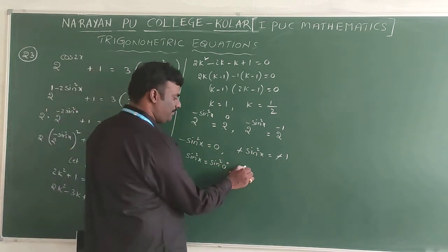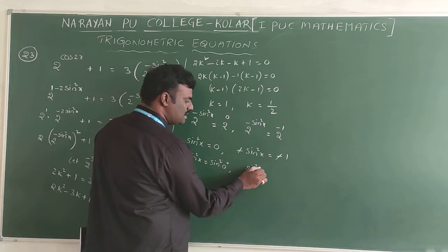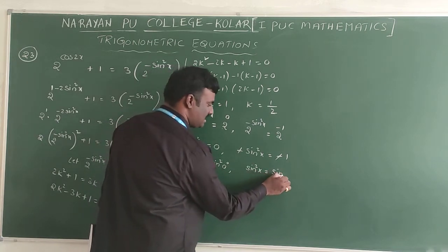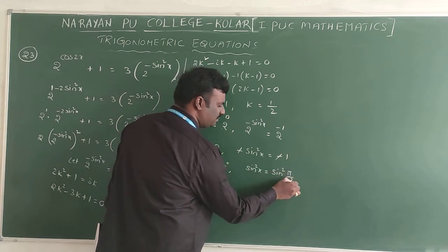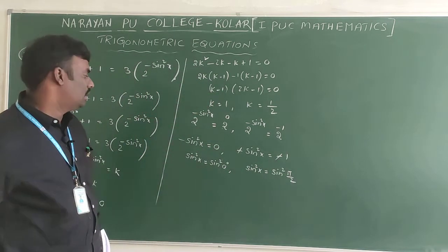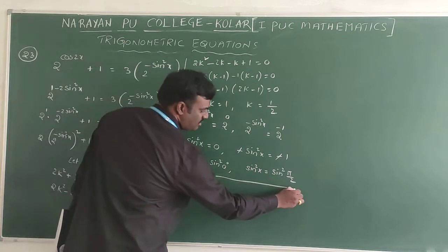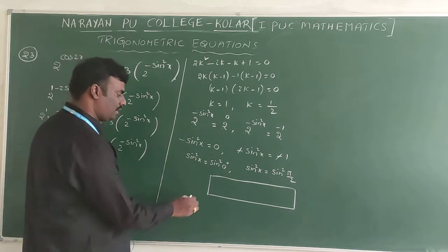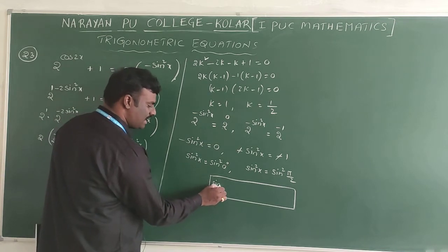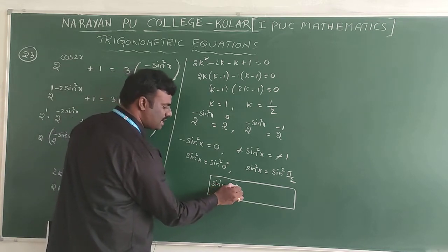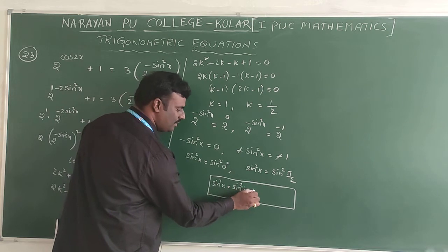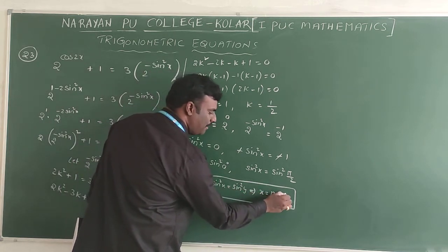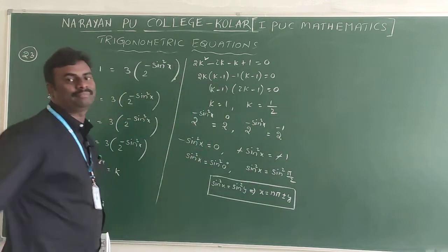Now we are coming to here. Sin square x is equal to 1, and this 1 can be written as sin square pi by 2. Already we have one general solution, which we discussed in the previous class. If sin square x is equal to sin square y, then the general solution is x is equal to n pi plus or minus y.